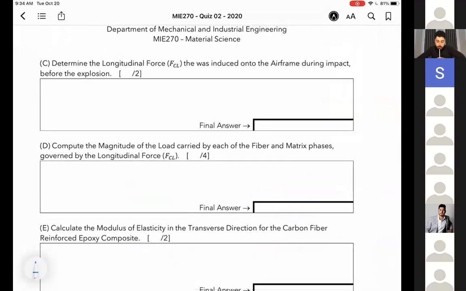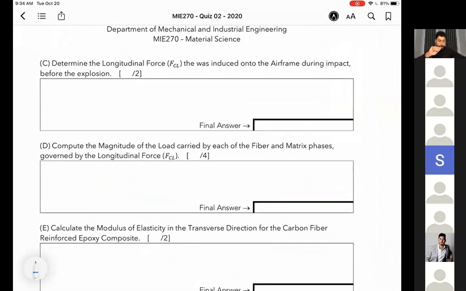Determine the longitudinal force that was induced onto the airframe during impact before the explosion. How are we going to do this? Anybody have an idea? Think to what we know.